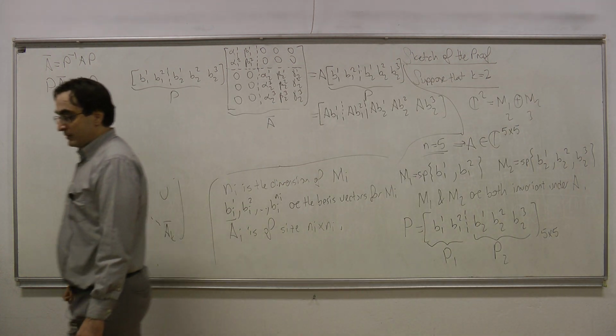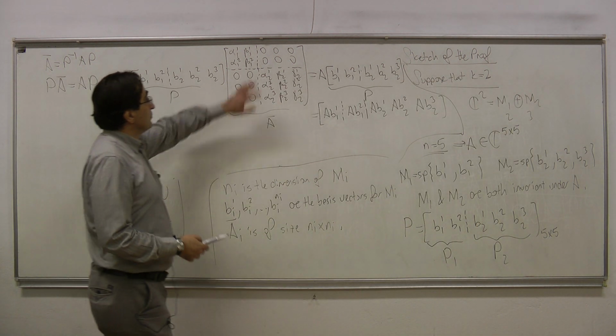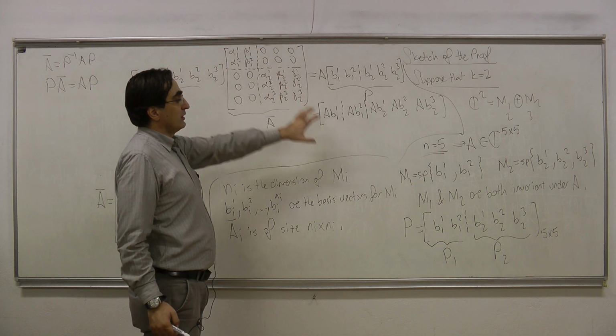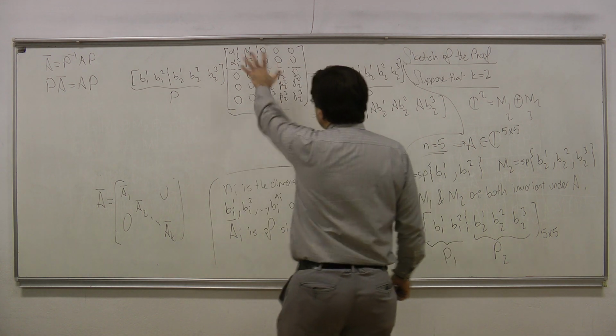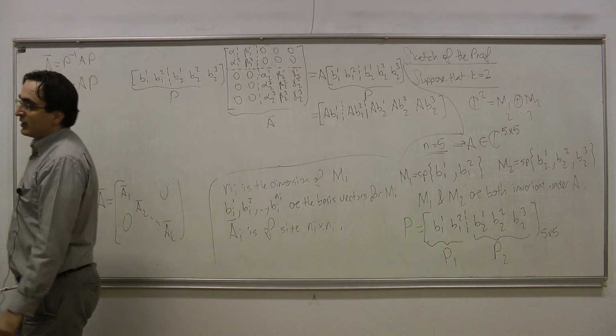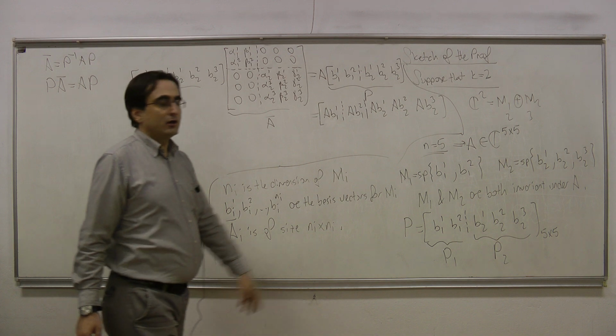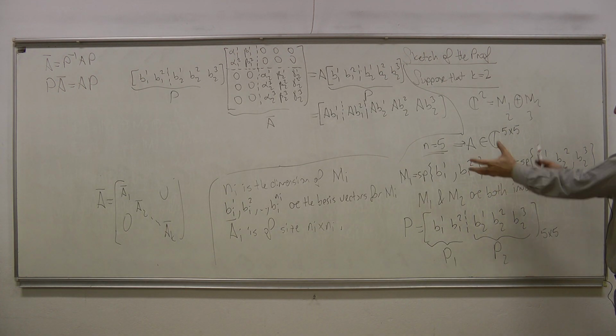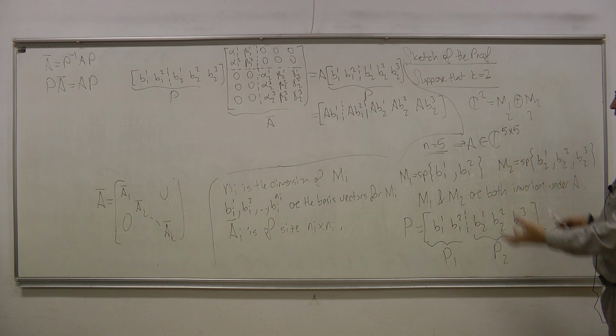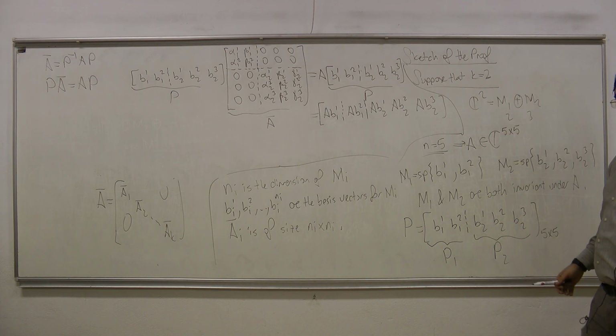Okay? So the sizes of these blocks are related to the dimensions of the invariant subspaces. And this block diagonal property is coming from the invariance properties of these subspaces. Okay? So this is just the proof of this theorem for the case k equals 2.